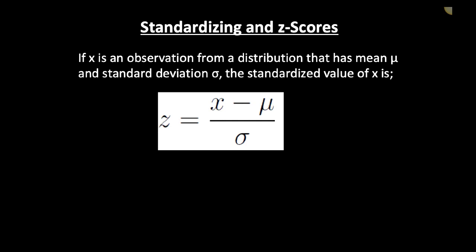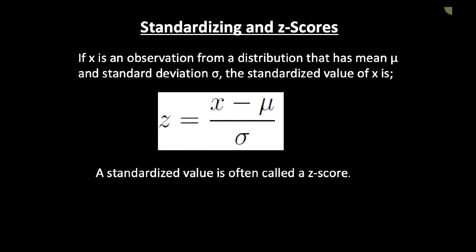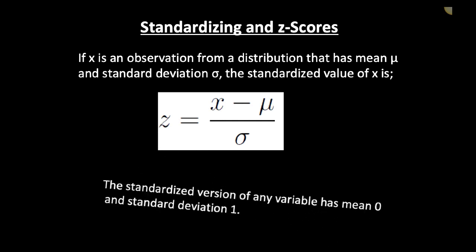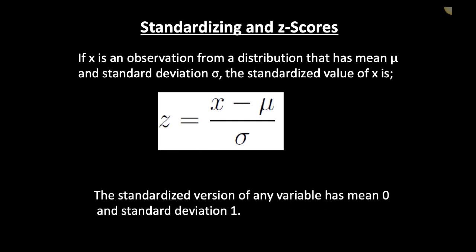So x is a number, mu is the mean, and sigma is the standard deviation. This z is called a z-score. The standardized version of any variable has mean 0 and standard deviation 1. It means z always has the standard normal distribution.